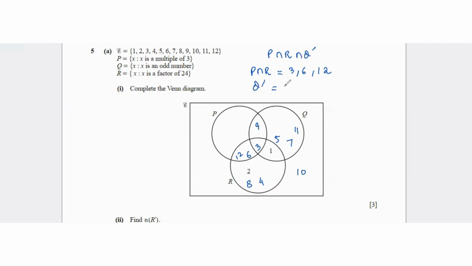Q complement is 12, 6, 2, 8, 4, and 10. Now the intersection is basically 6 and 12, which means multiples of 6 is how we would describe it in words.